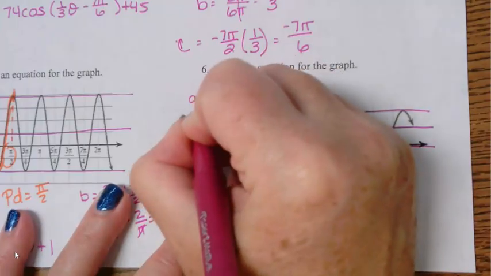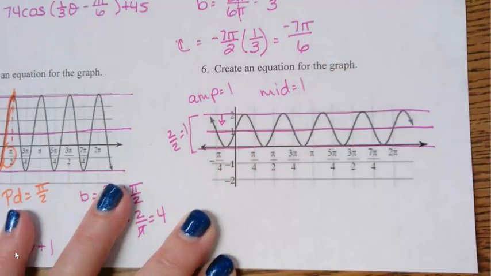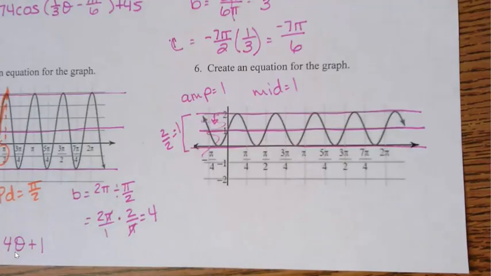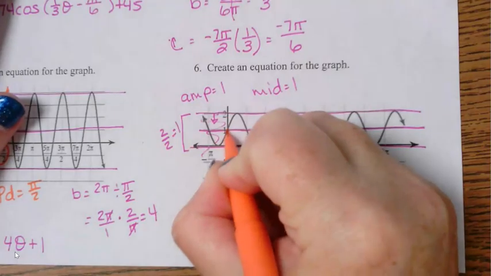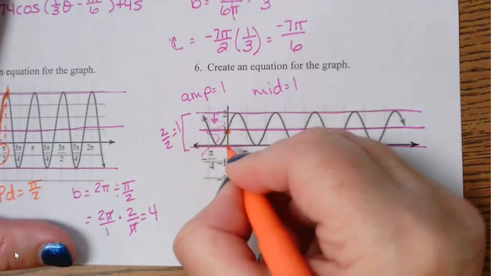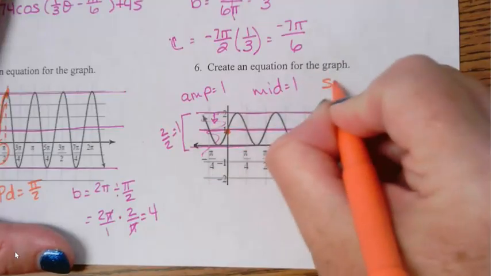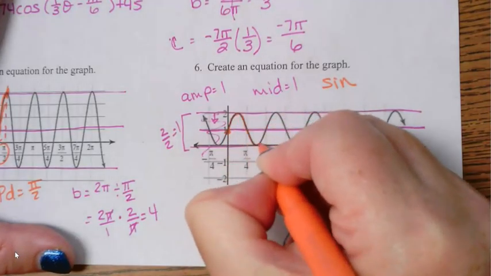So I know my amplitude is 1 and my midline is 1. Ignore everything on this side. Get your highlighter or pencil. Put your pen or pencil where the graph crosses the y-axis. And you see here it is in the middle, so we know this is sine. So we know it's a roller coaster. We're going to go up and then down.